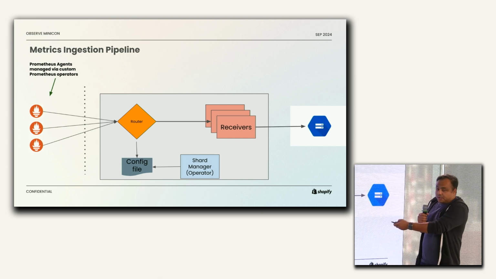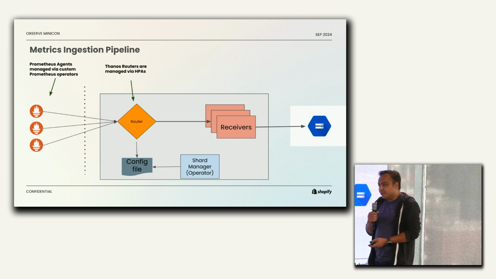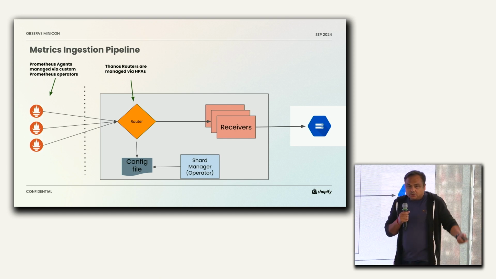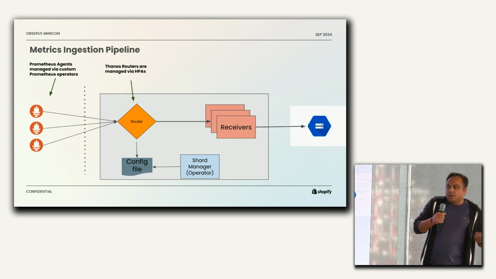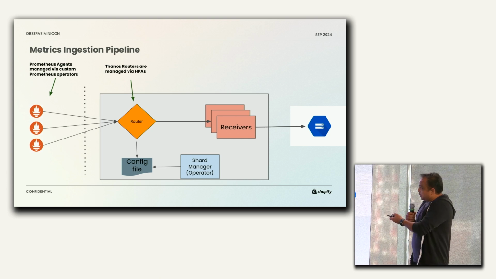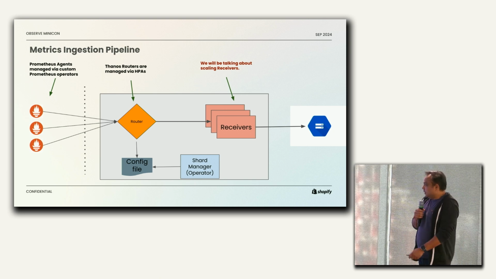And when agents scale, we have to scale routers. Routers are scaled by HPA because they are stateless. We just know by CPU how to scale up, how we need. So in this talk, I'll be talking about how we scale Thanos receivers.